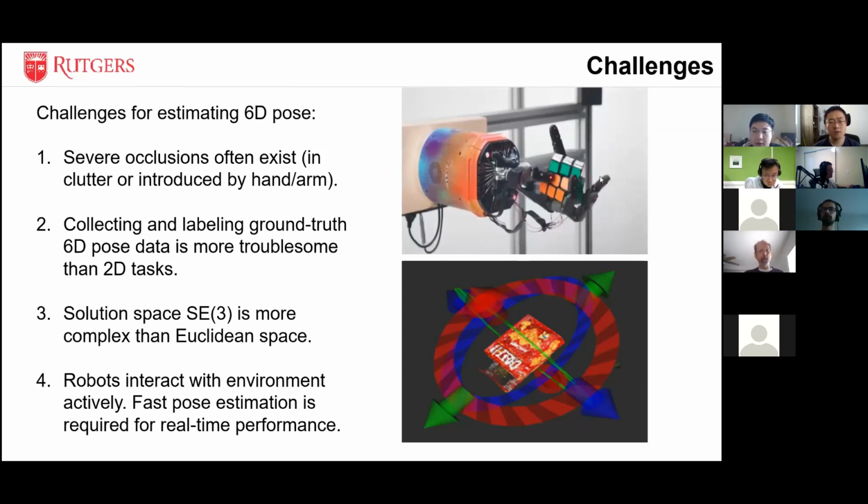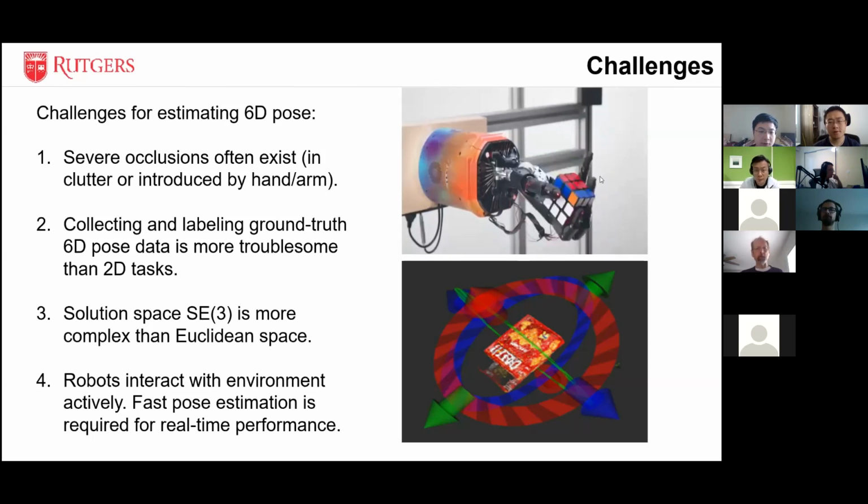To make sure of a high quality annotation, the annotator usually has to rotate the 3D visualizer to different viewing angles to make sure that this marker is perfectly aligned with the observed point cloud. And this process is really troublesome compared with 2D. In 2D, you just annotate the 2D bounding boxes or semantic segmentations, for example, in the 2D image, and that's it.